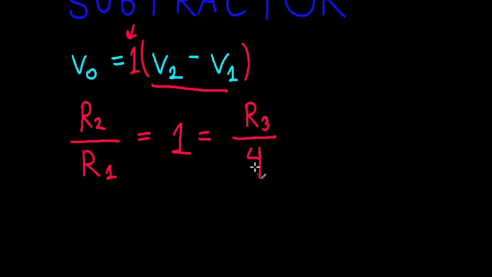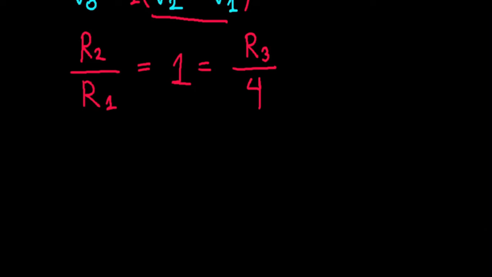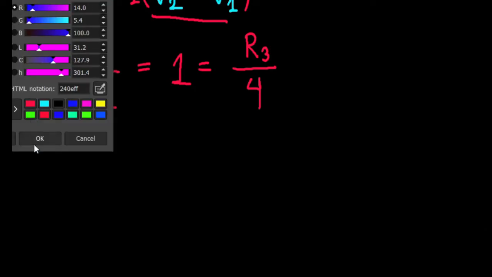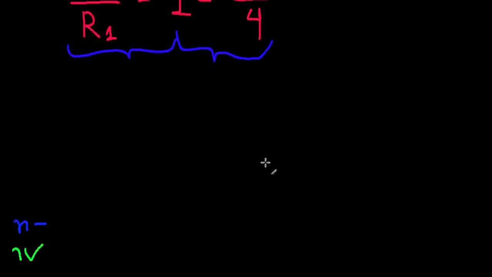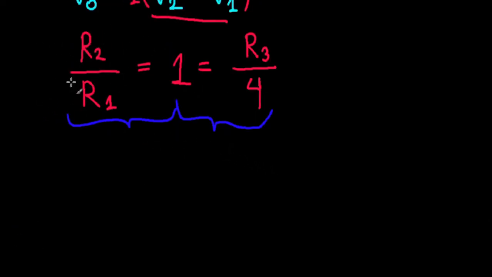Now there are two equations here, and we could deal with these parts separately. If we multiply by R1 on this part, we get R2 equals R1. I think you can see where this is going. R2 is basically equal to R1, and from here what we get is R3 is... oops, why is there a 4 there?